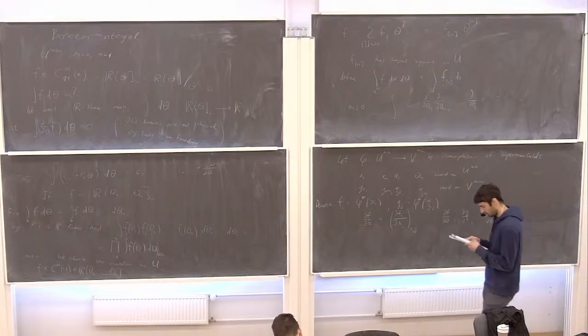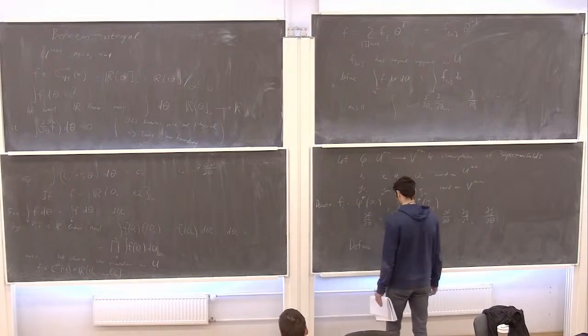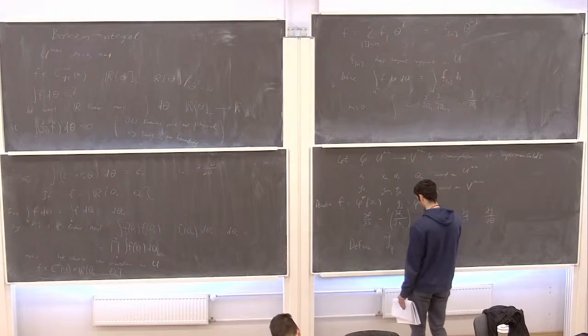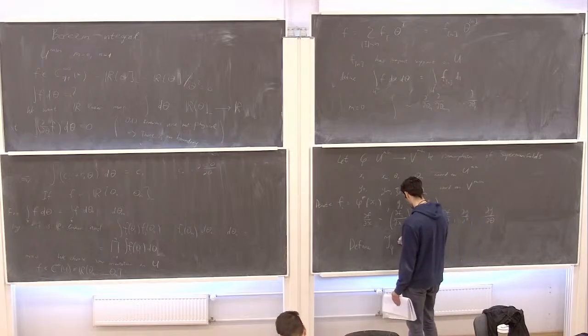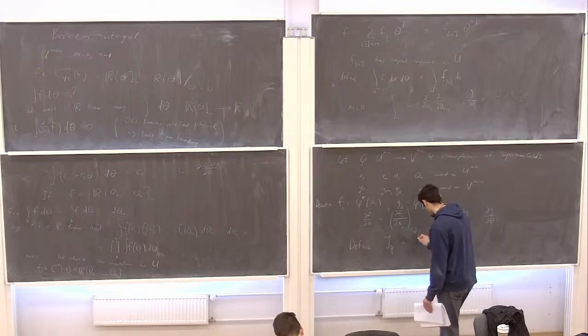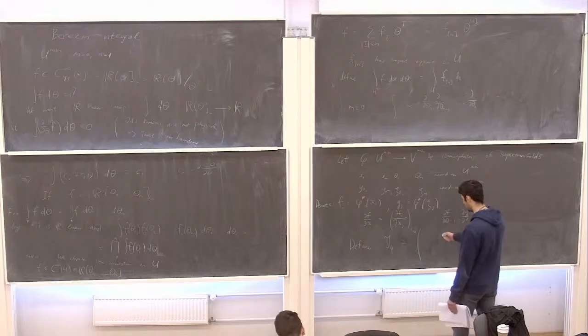Then I define the following matrix, let me call it J phi. This is a block matrix consisting of these blocks, but I will need to put an additional sign in this corner.